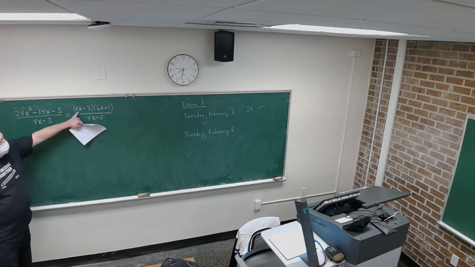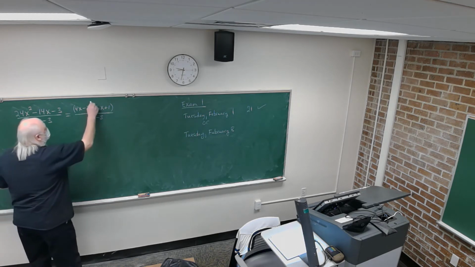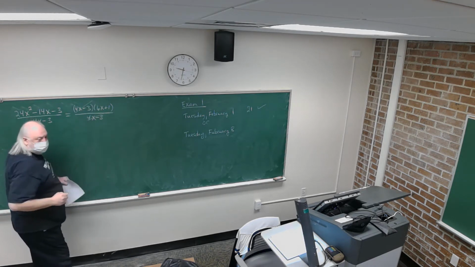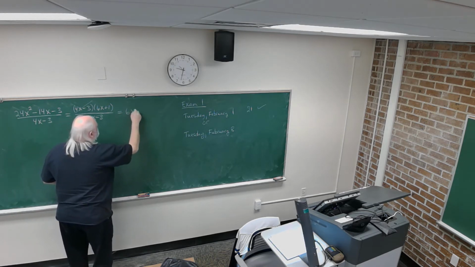You can see 4x minus 3 is a common factor in the numerator and denominator, so they cancel, and we're just left with 6x plus 1.